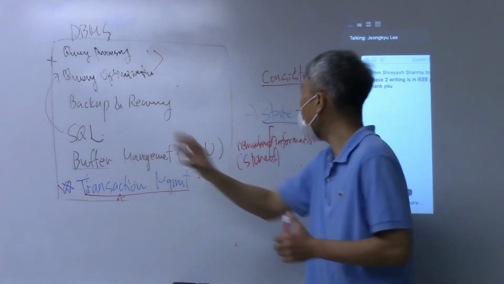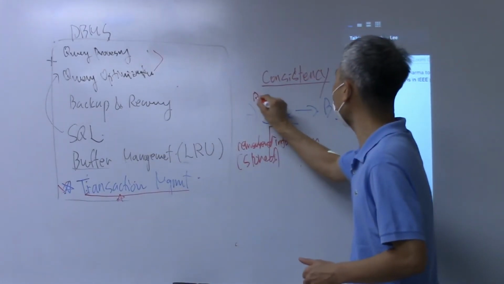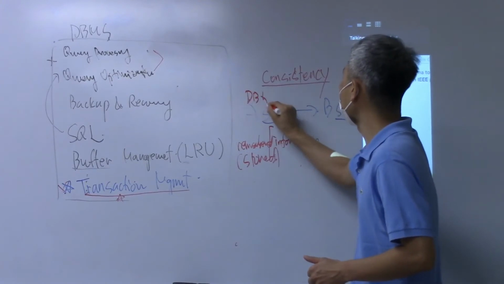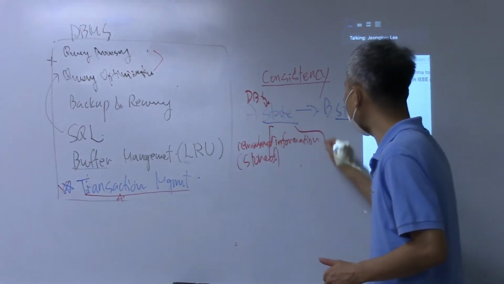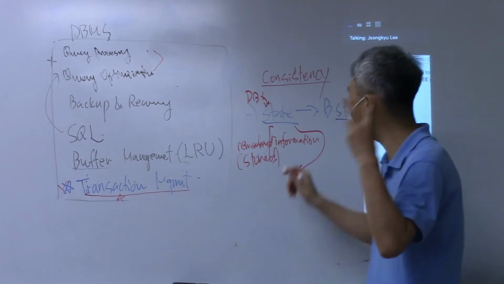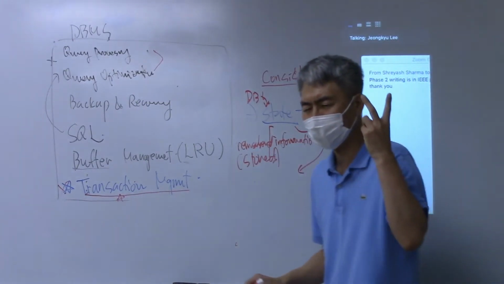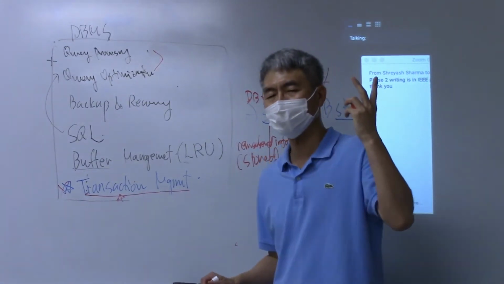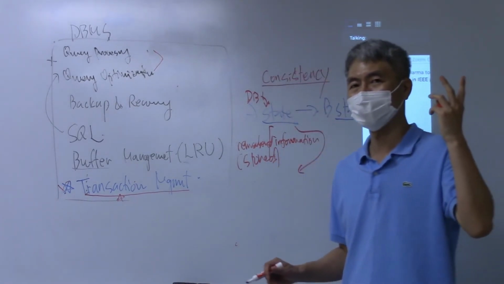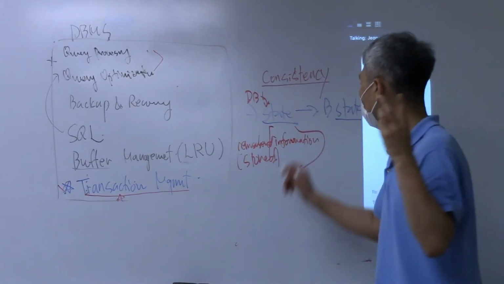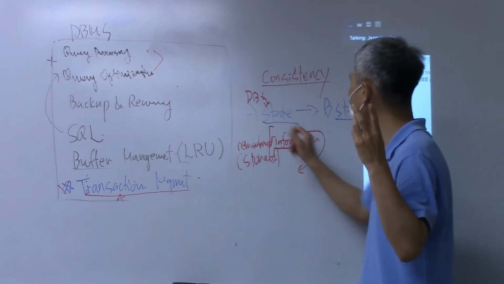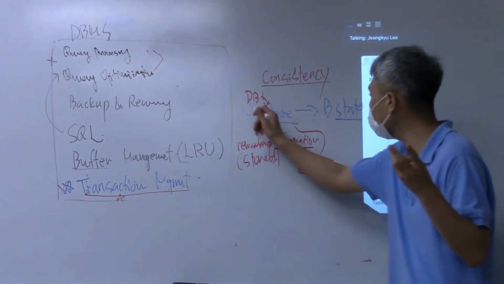So, especially when we talk about the database state, there are two important pieces of information. Do you remember that? What are the most important pieces of information in a database? So what is the DB state?